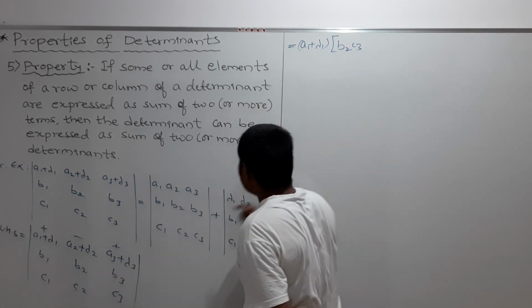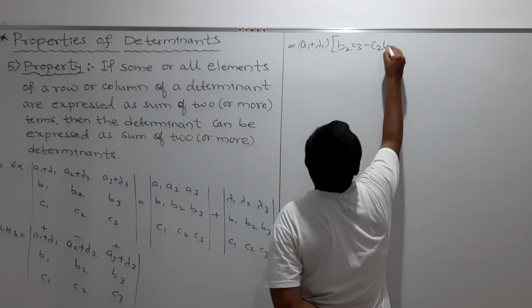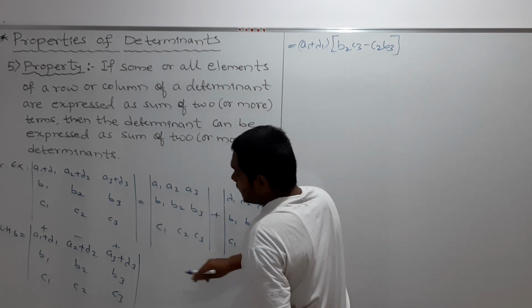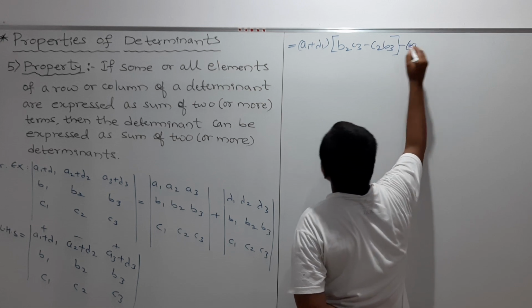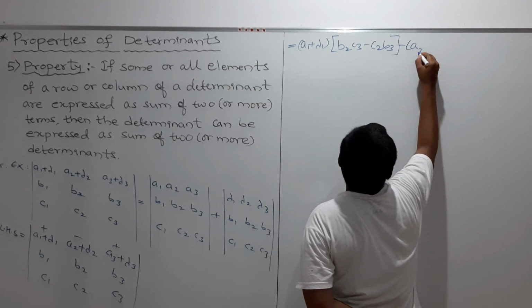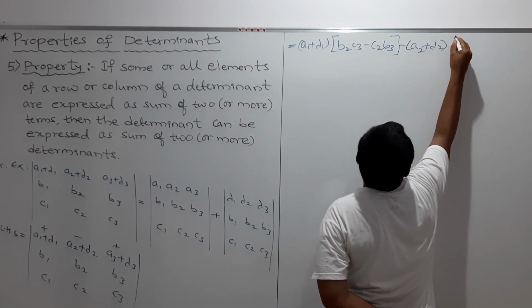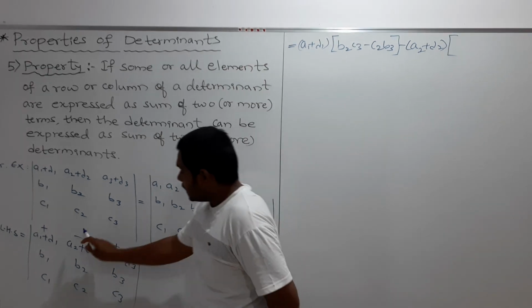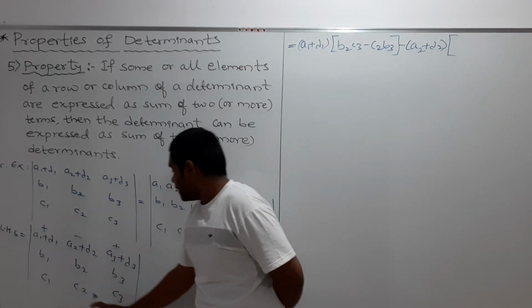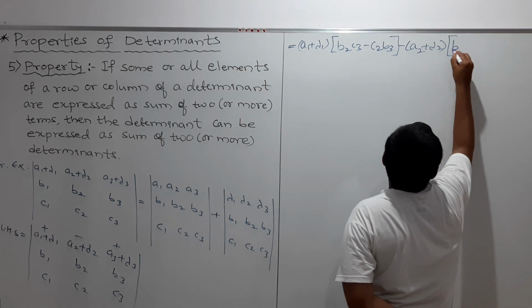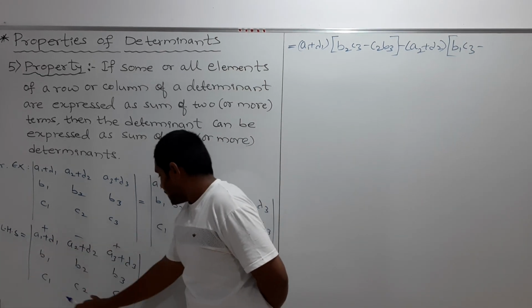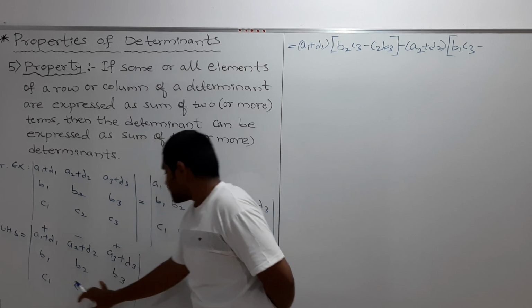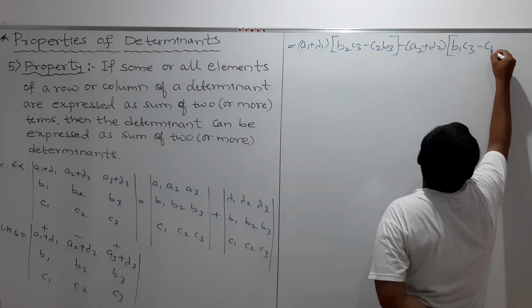b2c3 minus c2b3. Next, minus this element, a2 plus lambda 2, into, leaving this column and this row, b1c3 minus c1b3.